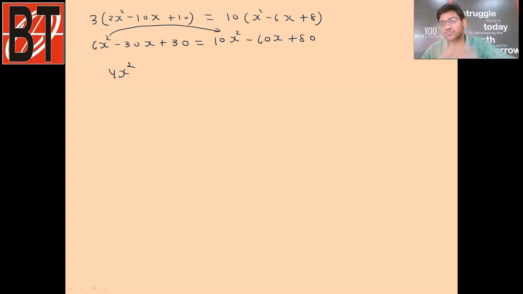Again this minus 30x when it goes to the right hand side will become plus 30x, and plus 30x minus 60x, finally you will have minus 30x. Plus 30 when it goes to the right hand side, 80 minus 30 you will have plus 50. Now because all the terms are on the other side, on the left hand side you will have 0 only.